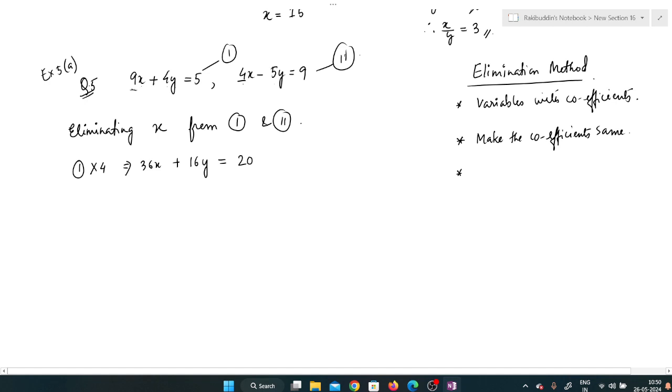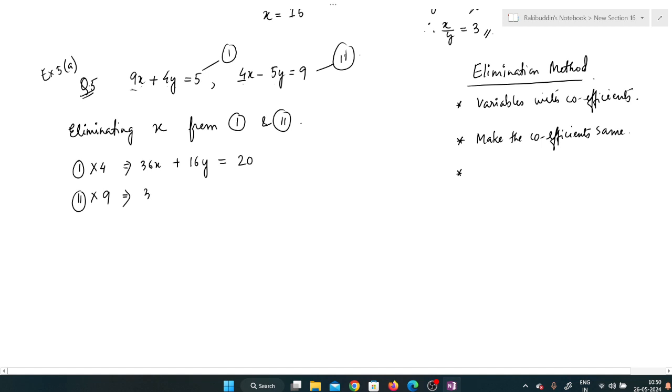Now equation 2: the coefficient of x must also be 36. For how much is 36? 4 nines are 36, so here we will multiply the entire equation by 9.